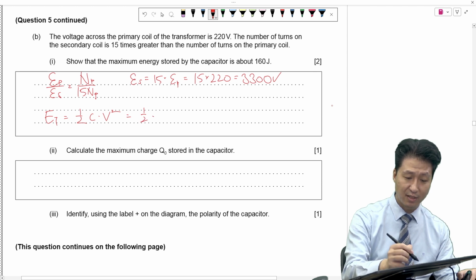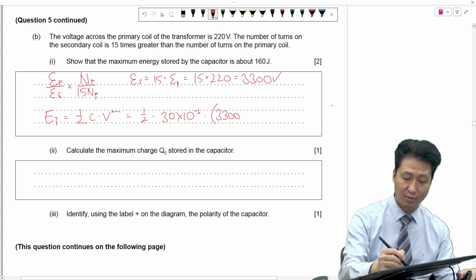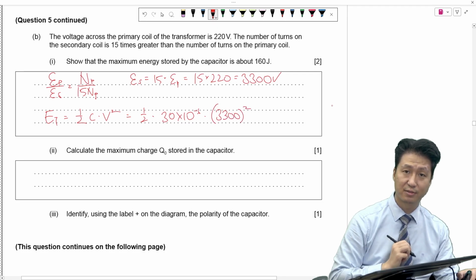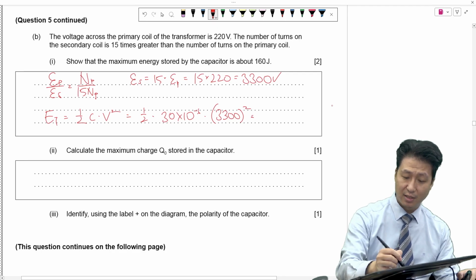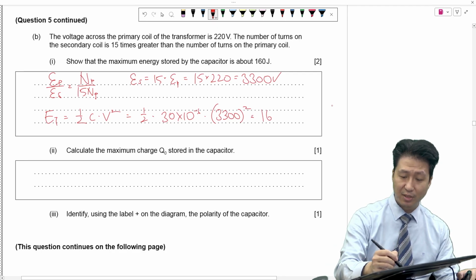Gets 1/2 times 30 microfarads, which is 30 times 10 to the negative 6, times the voltage 3,300 squared. The energy stored will be approximately 163 joules.